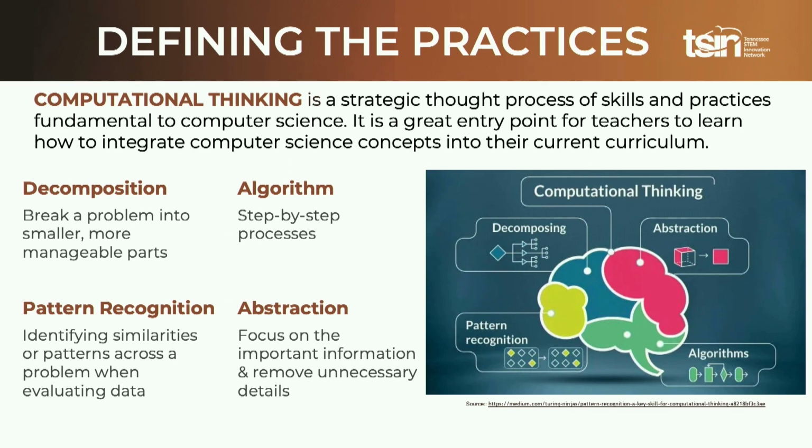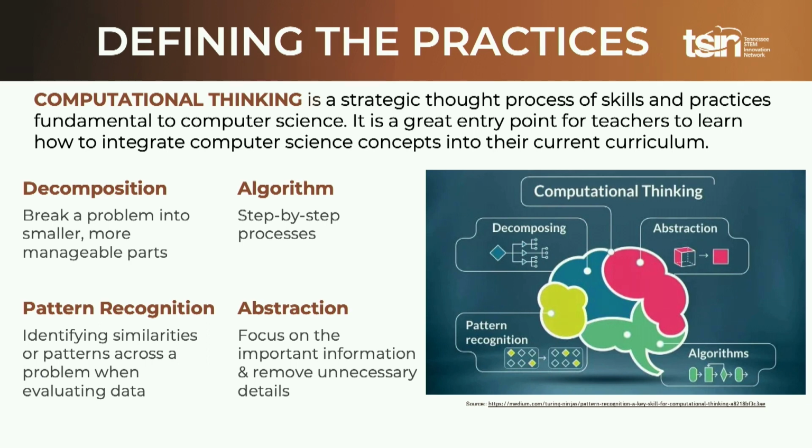These are the four terms that we're going to look at in depth today. The first one is decomposition, which is to break a problem into smaller, more manageable parts. The algorithm is that step-by-step process. I am an ELA teacher at heart, so my ELA people, I feel you, but algorithm is an easy way to integrate computer science into your classroom.